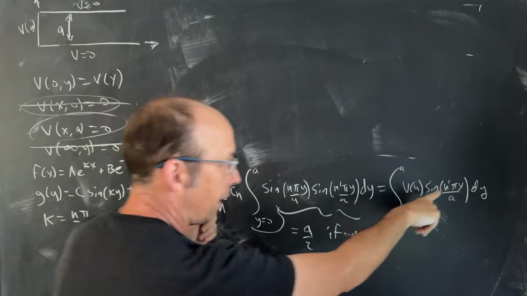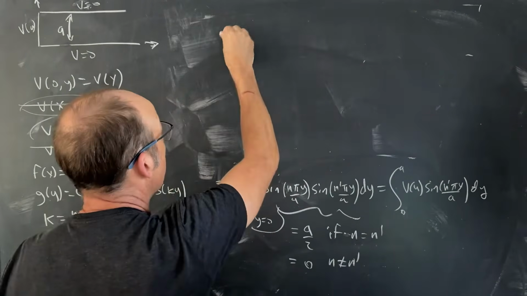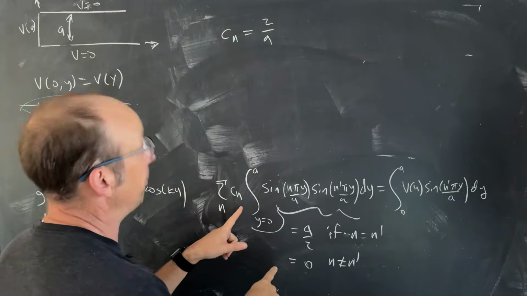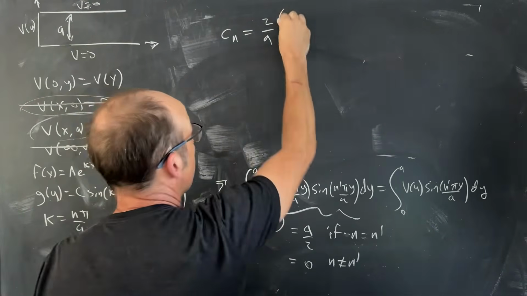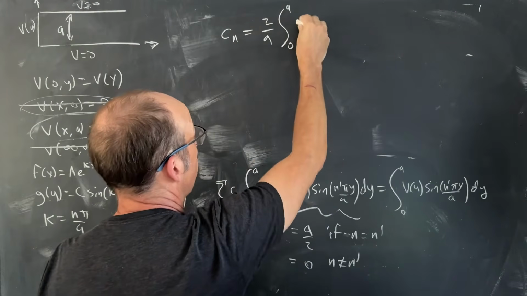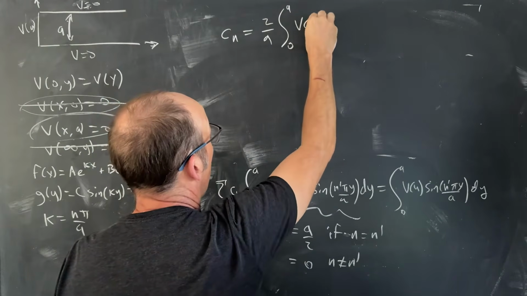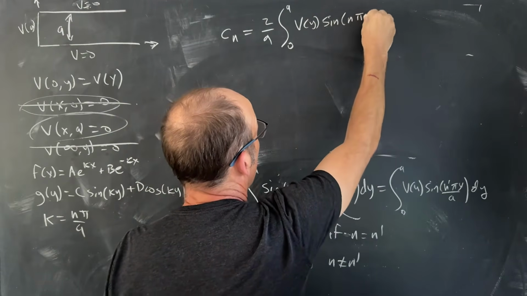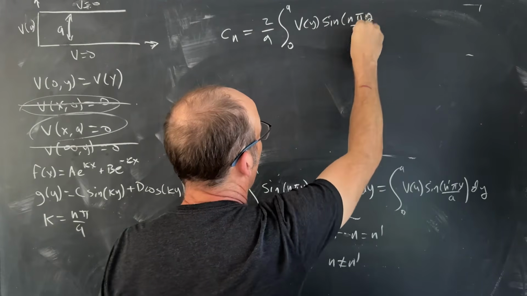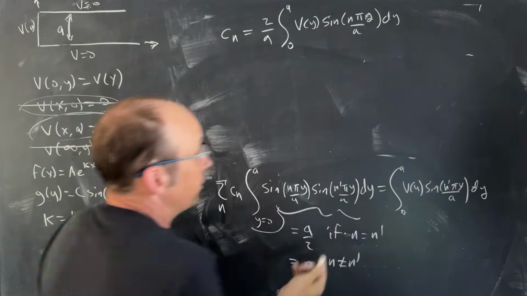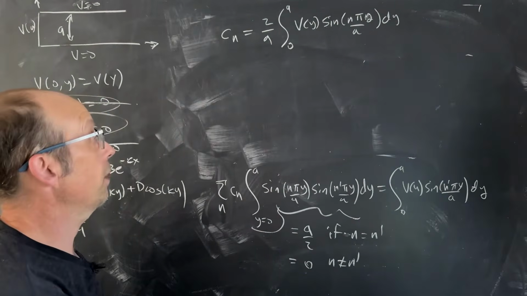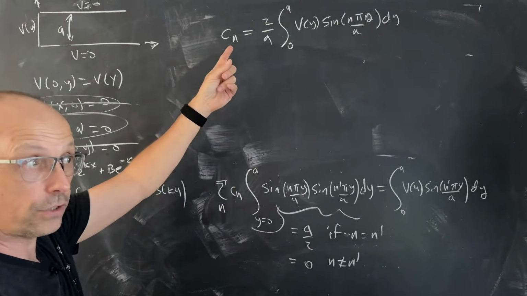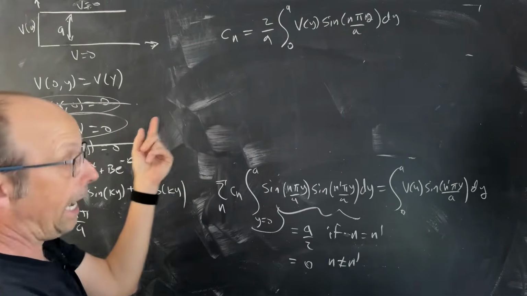So I get Cn is going to be equal to 2 over a, times the integral from y is 0 to a, v of y, whatever that function is, sine of n pi y over a dy. Because the only one that survives is when n prime is equal to n, so that's where I get that. And so this is how we can find the value for every coefficient n, and we have to add up all those coefficients.